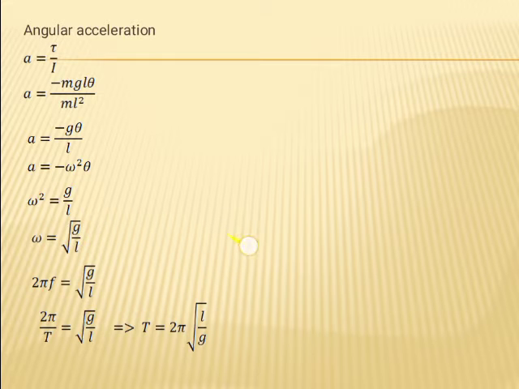So if I have a pendulum, I would displace it this way, and the restoring force is in this way. And what all I can cancel here is m and l, right? So one l remains, and I would get a is equal to minus g theta divided by l.